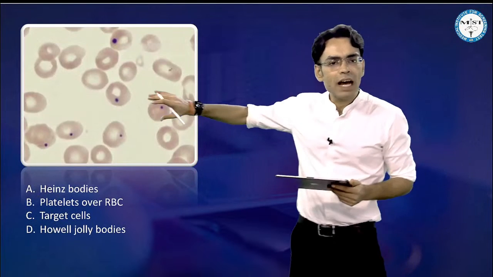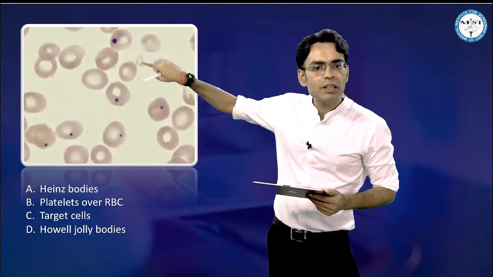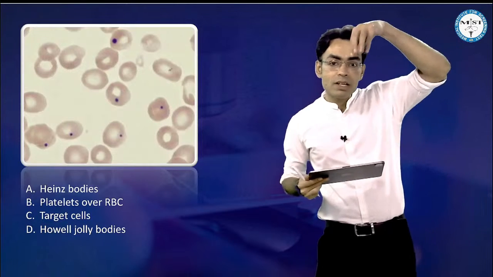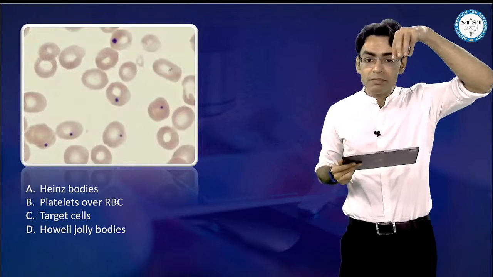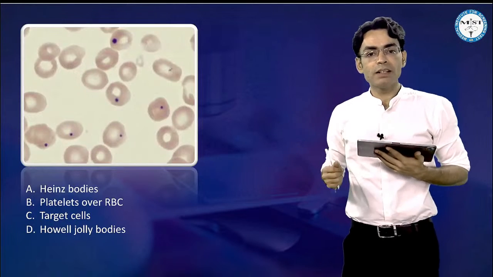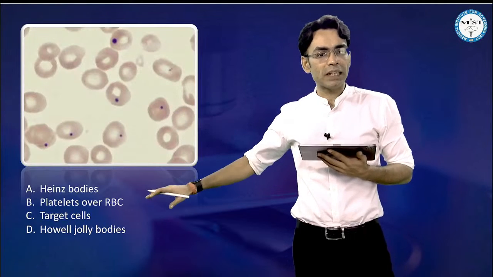Again, you see an RBC which has a dot inside like this. Is it a Heinz body? No. A Heinz body has something deposited over the RBC membrane, like a diamond ring, and it will be stained by a supravital stain. This is a normal stain, so it is not a Heinz body. Platelet over the RBC?